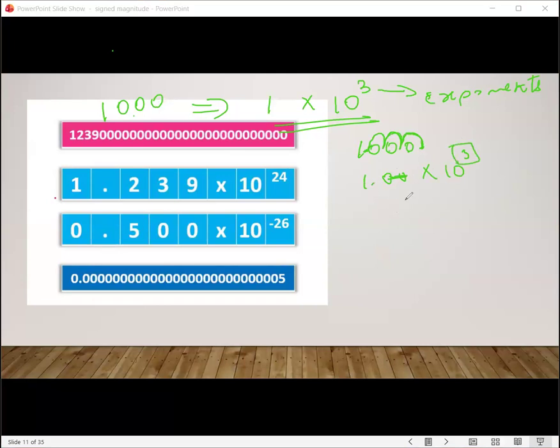If we move the point right, the value becomes negative. That is the difference. Here we have moved the point 1, 2, 3, 4, ... 25, 26 times, so we got a negative exponent. Clear? Understood, Shahida? Yes, teacher.